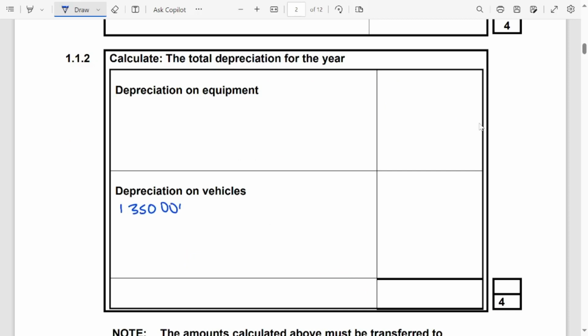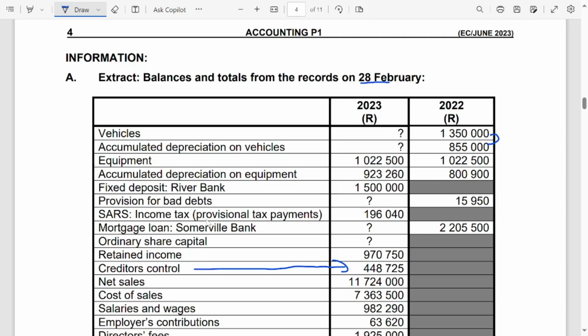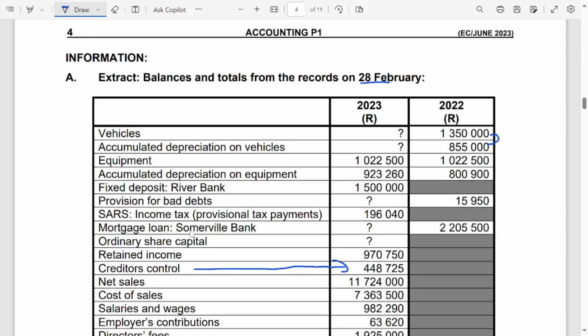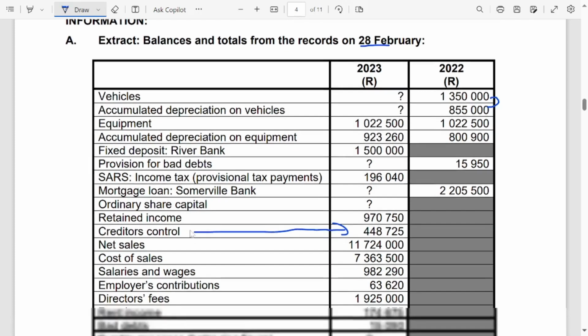So we're using the diminishing balance method. So we must minus the accumulated, which is 855,000. So 1,350,000 minus 855,000 is going to be 495,000. That is your carrying value.